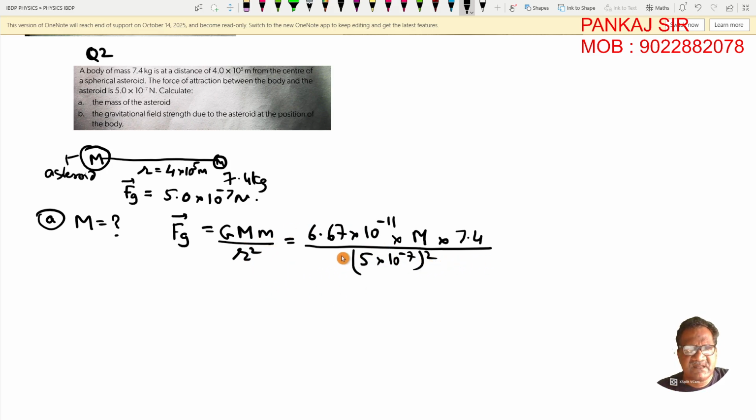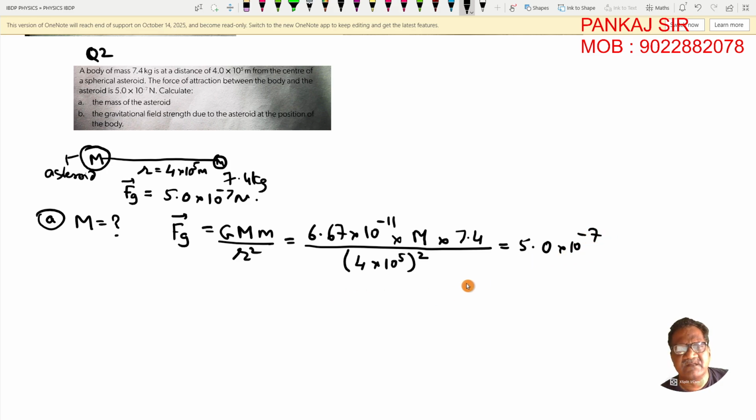I'm so sorry, this R is not 5 into 10 raised to minus 7. Rather your R is the distance, that is 4 into 10 raised to 5 meters. So this will be 4 into 10 raised to 5 the whole square, and your force given is 5 into 10 raised to minus 7.